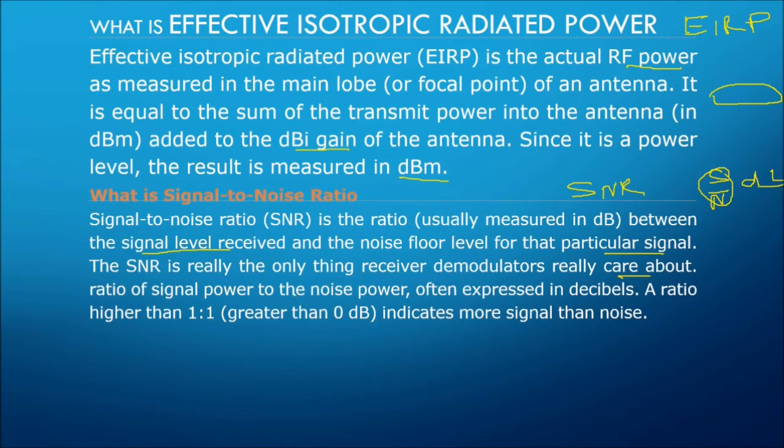The ratio of signal power to noise power is often in dB. A ratio higher than 1, that is greater than 0 dB, means more signal than noise. So less noise means more signal, greater noise means less signal. The SNR is given by the power ratio, the power of the signal to the power of noise.